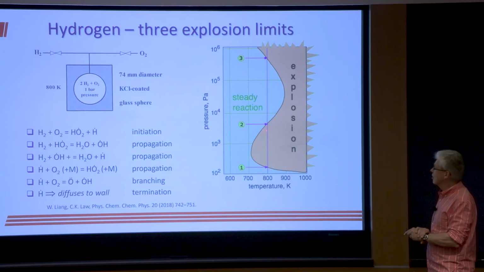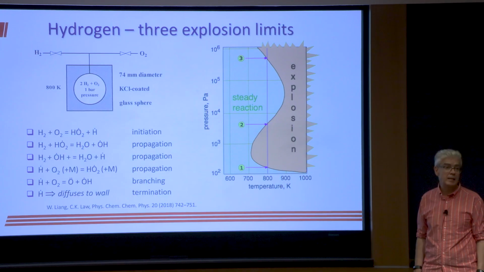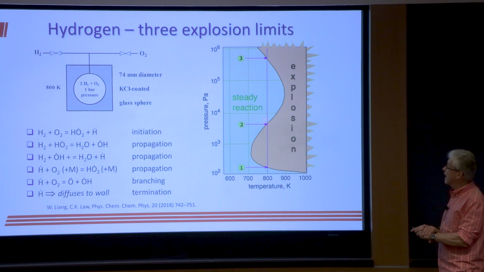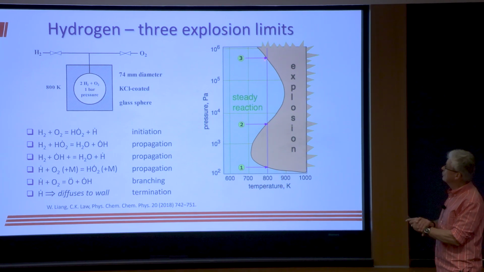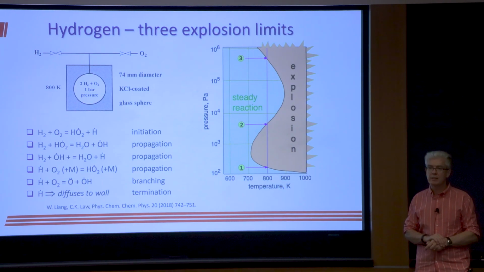And that occurs up to a pressure of about 7 times 10 to the 3 pascals, or 8 times 10 to the 3 pascals at 800 Kelvin. And then at pressures above that, up to, we'll say, 8 times 10 to the 5 pascals, we have steady reaction again. We don't have explosion.